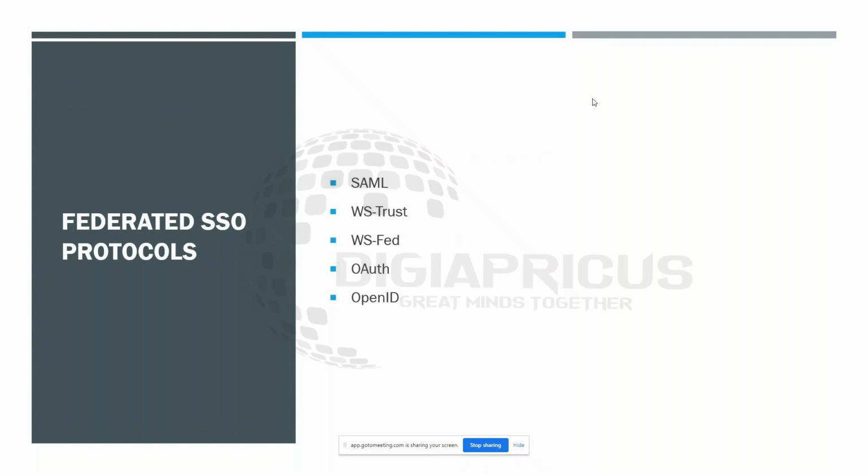After 2005, a lot of other products, like Ping Federate, Okta, SailPoint, a lot of IAM tools, started using these SAML services. SAML 1.0 was the first version introduced.